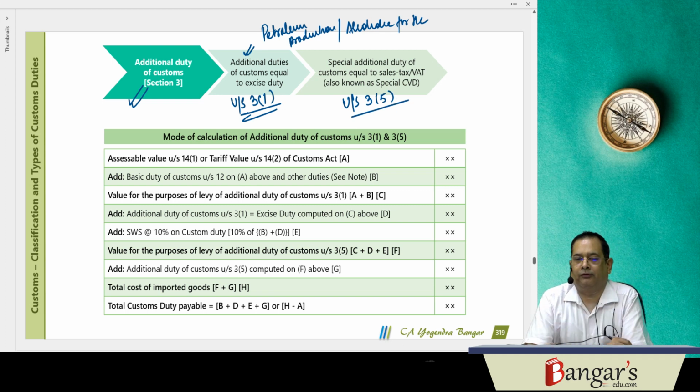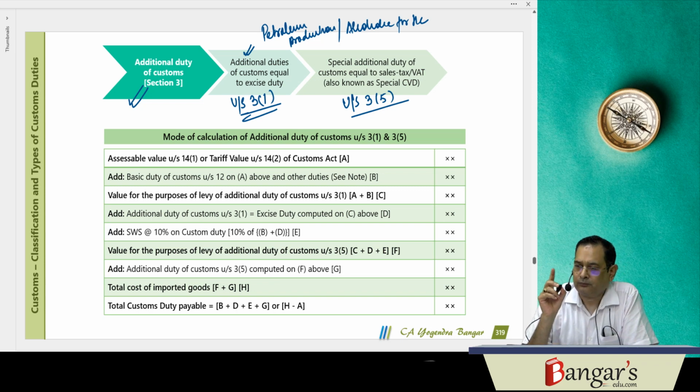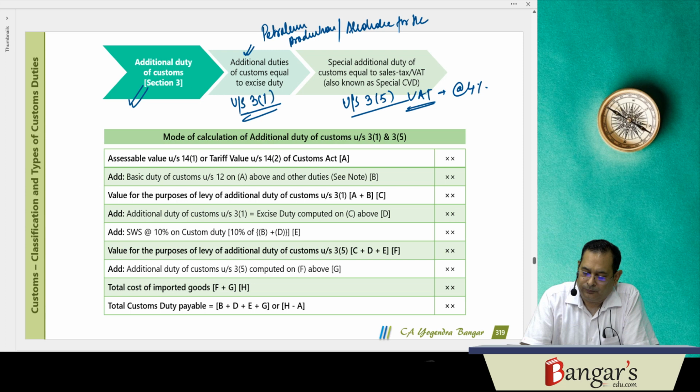Fundamentally, if any article is sold or purchased in India on which VAT is levied, when the article is imported into India, additional duty of customs equal to VAT is levied at the rate of say 4%. Now how will you calculate the same?